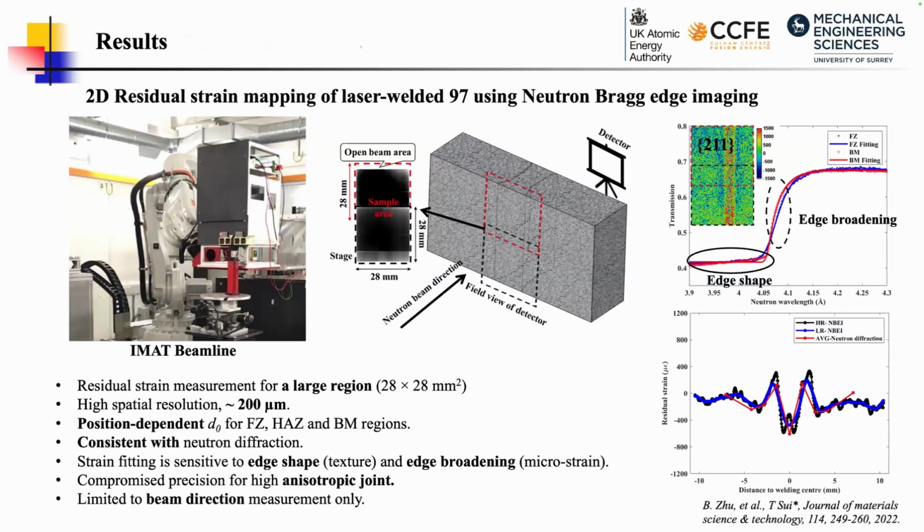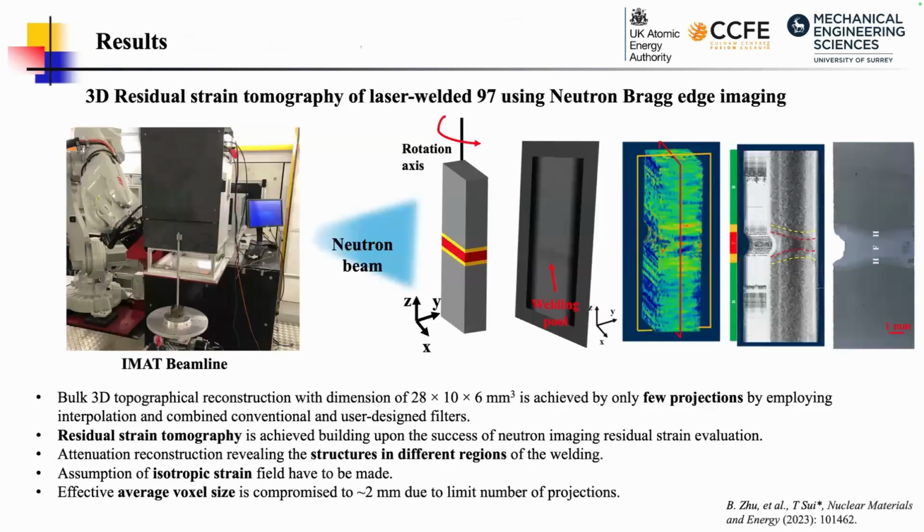And another drawback for this technique is that it only provides high resolution in the in-plane directions. So if we want to know the residual stress distribution in the zero thickness directions, we then need to apply 3D tomography techniques to reconstruct the strains in both in-plane and zero thickness directions.